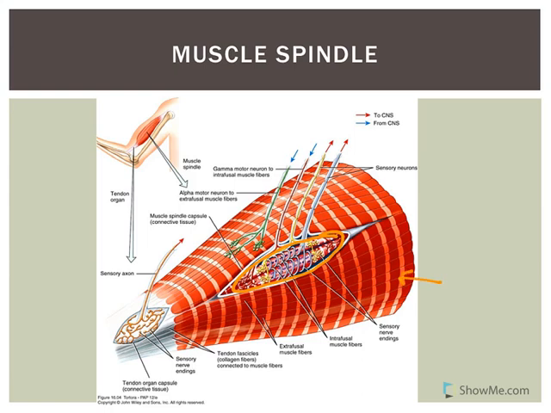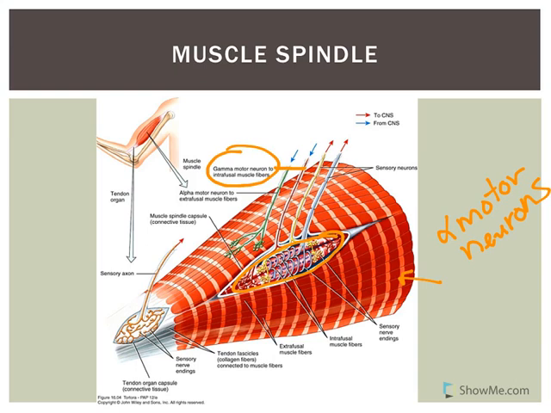One thing to note is extrafusal muscle fibers are innervated by alpha motor neurons. They're the ones that release acetylcholine and cause contraction of the muscle. Gamma motor neurons, you see right here, I'll draw it over here.